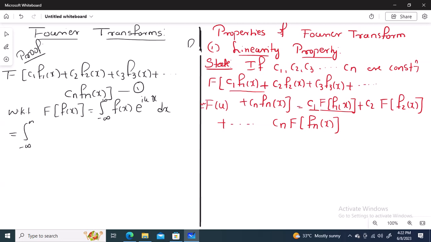Integral minus infinity to plus infinity. In place of f of x, we have this whole function, so I'll write the whole function as it is: c1 into f1 of x plus c2 into f2 of x dot dot dot cn into fn of x, into e power iux dx.